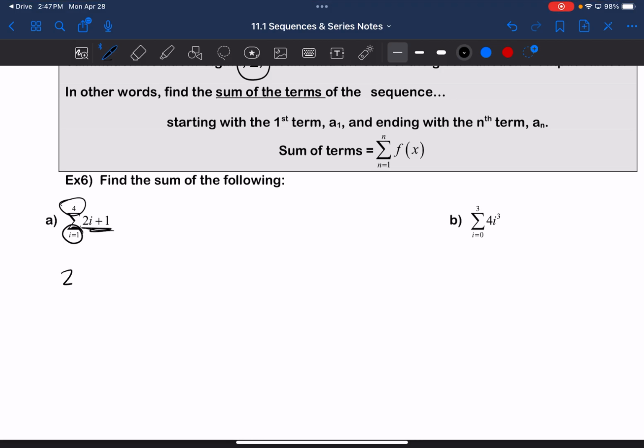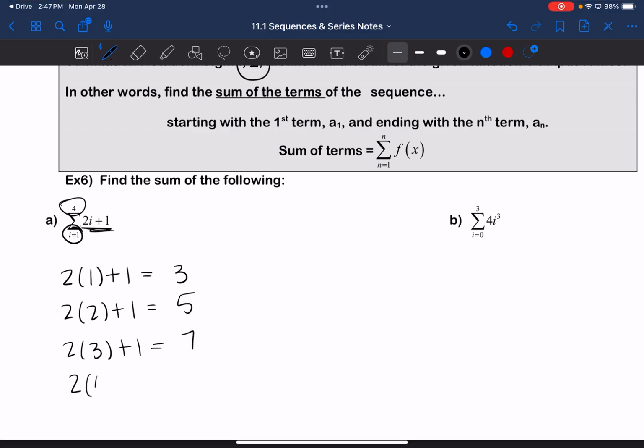So the first number I'm supposed to plug in, they said was 1. So I'd have 2 times 1 plus 1, which would give me 3. Okay, and I just go in order until I get to where they told us to stop, which was 4. So now I do 2 times 2 plus 1, which would give me 5. And then 2 times 3 plus 1, which would give us 7, right?